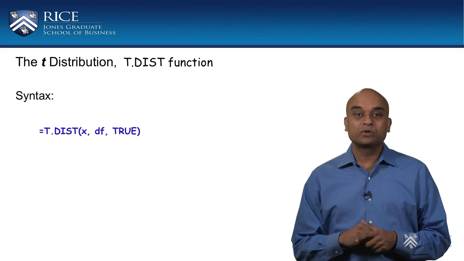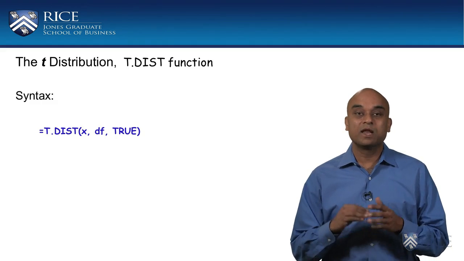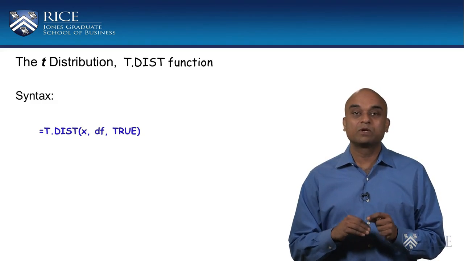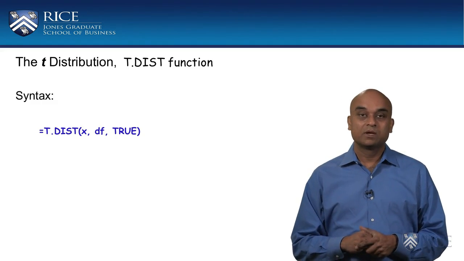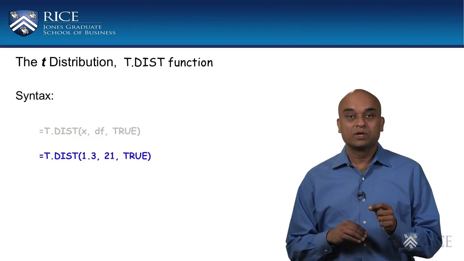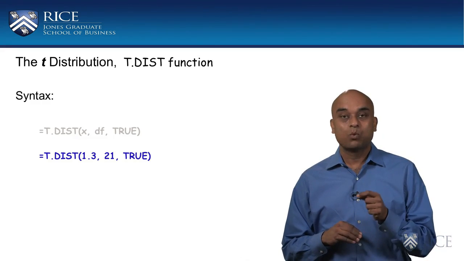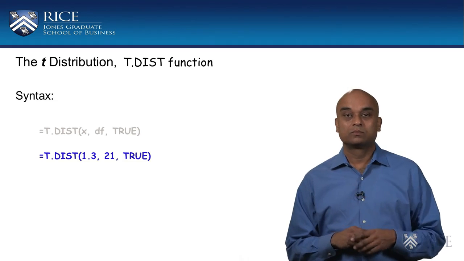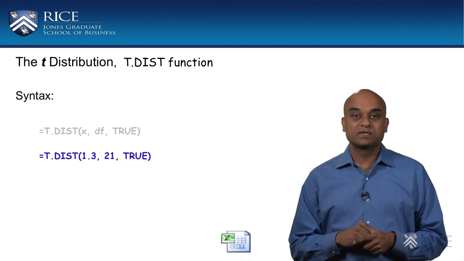So, if you wish to calculate the probability to the left of 1.3 in a t distribution with 21 degrees of freedom, the syntax is =T.DIST(1.3,21,TRUE). Let us illustrate this in Excel.